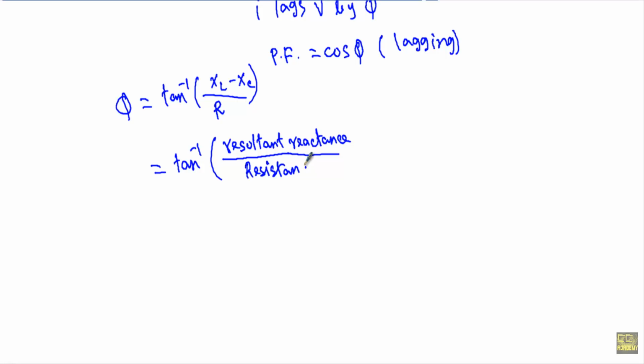See, I have deduced all the parameters for the condition XL greater than XC or VL greater than VC.